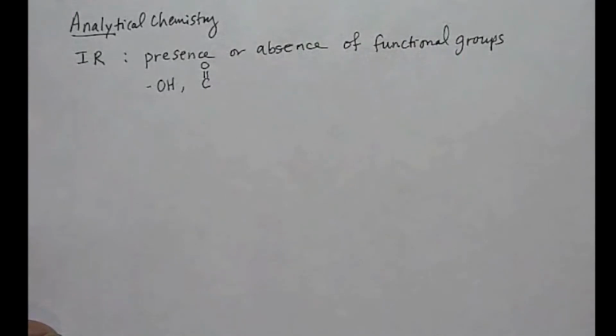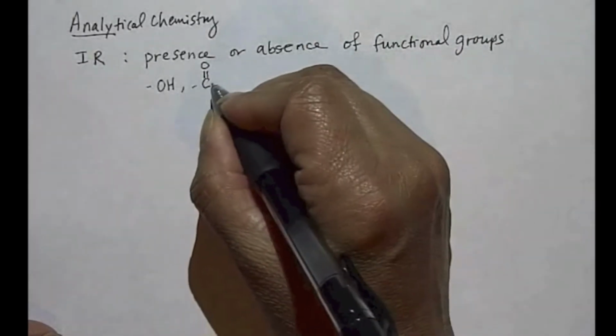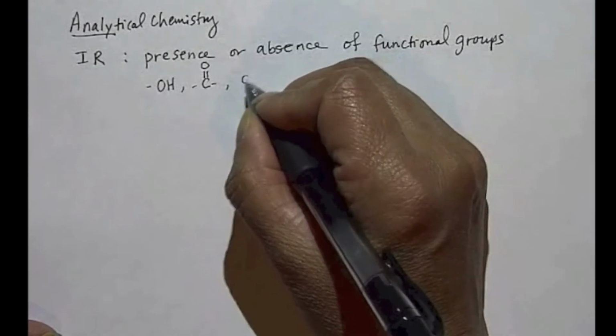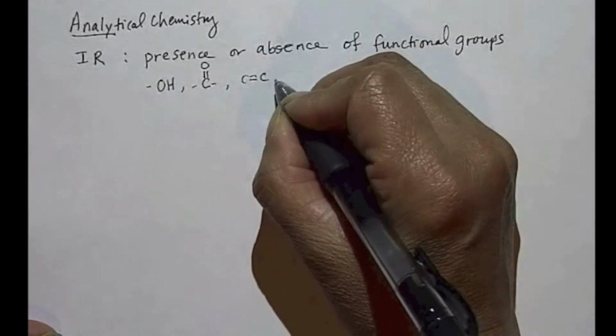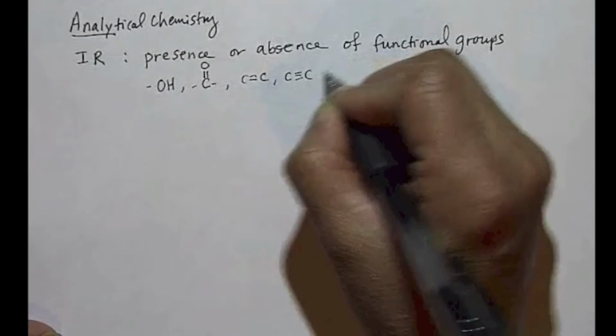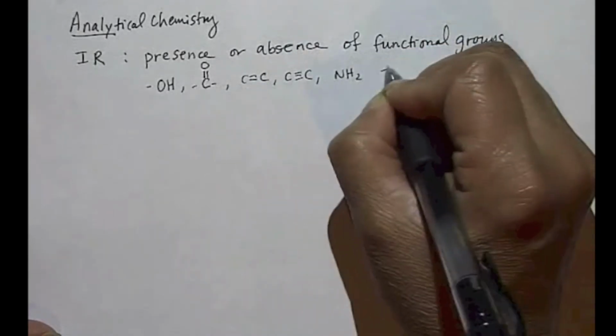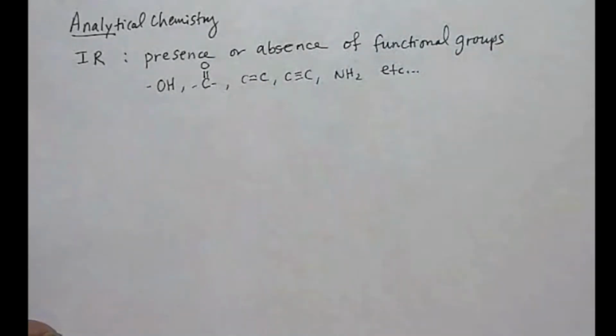But you know that carbonyl could be part of an aldehyde or ketone or ester, amides, anhydrides, all these functional groups that you're going to study this semester. You also could figure out if an alkene or an alkyne were present, as well as amines, and there are other functional groups you could look for, but these are the main ones that you look for last semester, right?